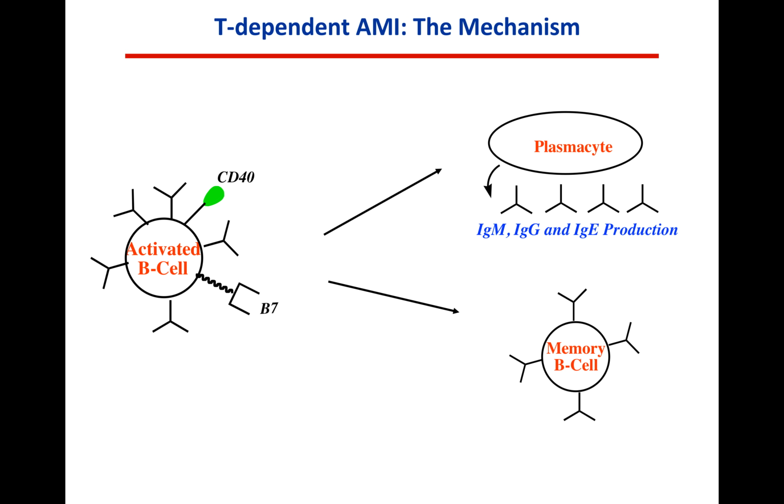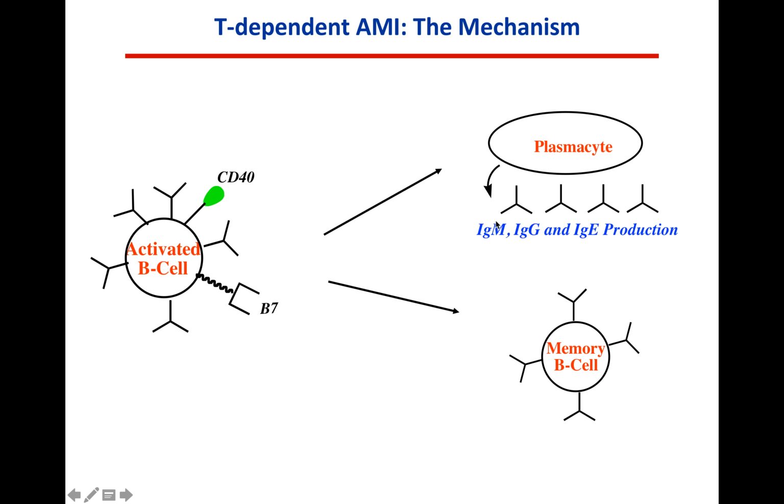Now the activated B cell can go on to form more B cells, form memory B cells, and form more copies of itself. It will also differentiate into plasmacytes, and these plasmacytes will produce the antibodies. Initially they may produce some IgM, but they quickly produce IgG, and if it's an allergen, it would be IgE.